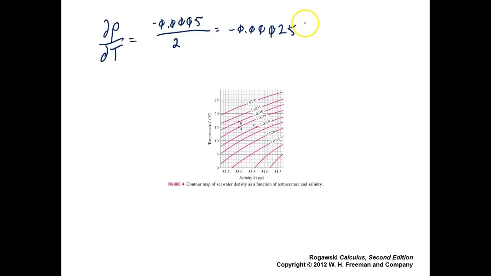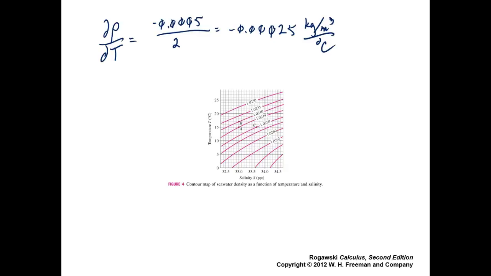And that would be kilograms per meter cubed per degree Celsius. There we have it, negative 0.00025 kilogram per meter cubed per degree Celsius. They said kilogram meter to the minus 3 per degree Celsius. It's fine. You see how we did that? Change of density per change of temperature. Did that make sense? Okay.